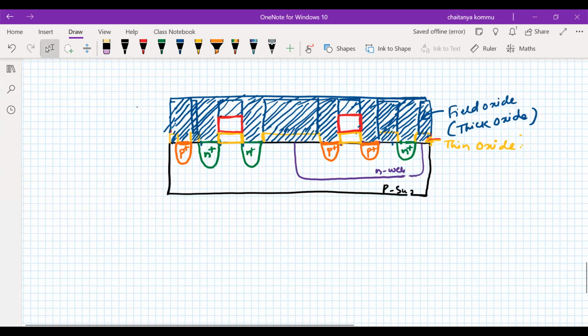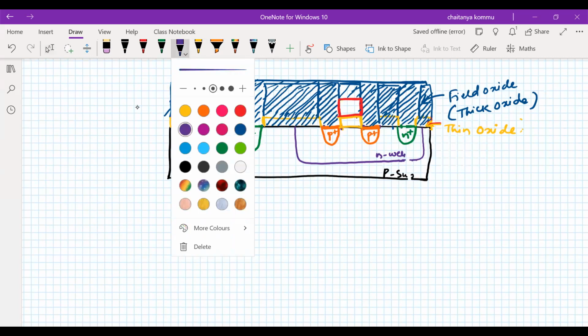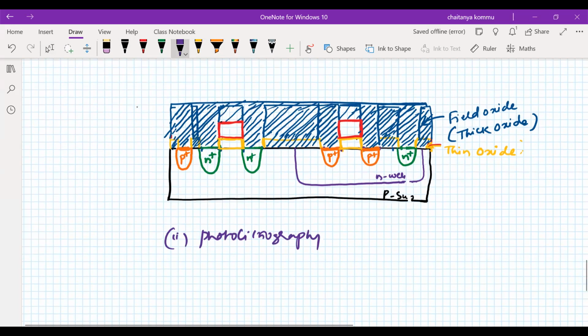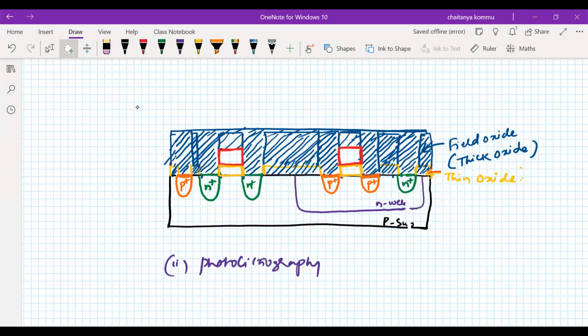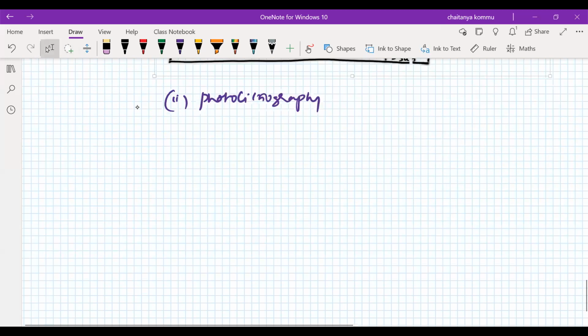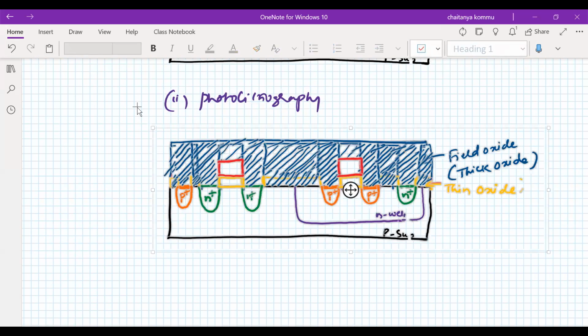Now, with the help of photolithography, we have to do that. So I want to copy this one. Copy. I want to paste it here. Okay.